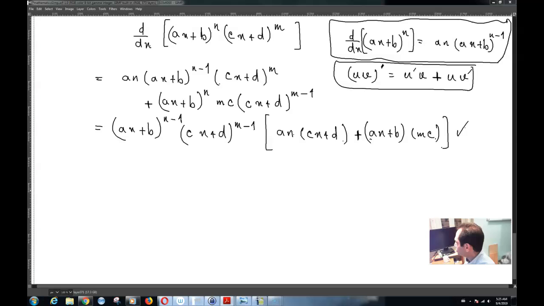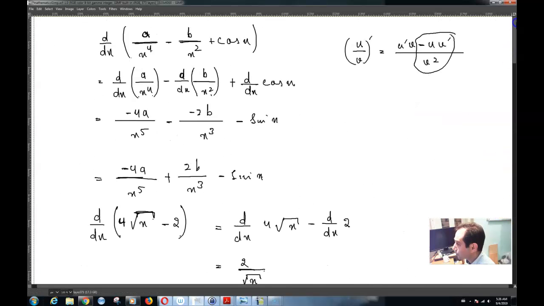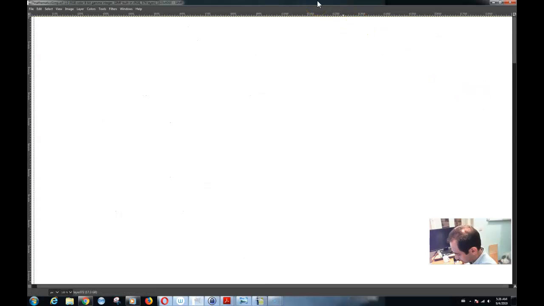So number 14 is the sine of x plus a. If you have the sine of x plus a, well, based on what I've seen before, you know that d by dx of sine x is equal to cos x.